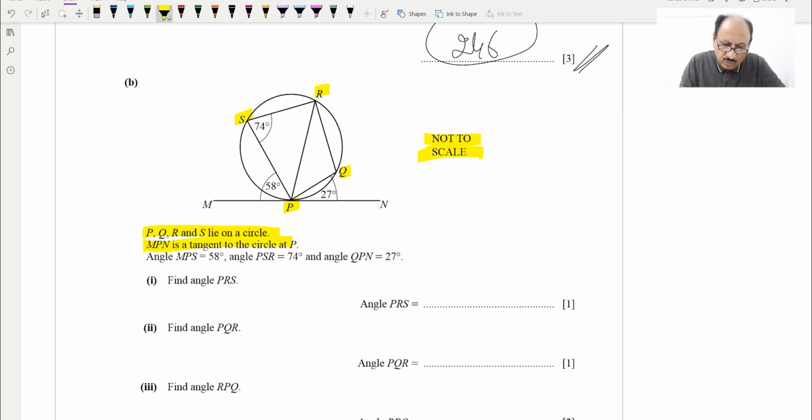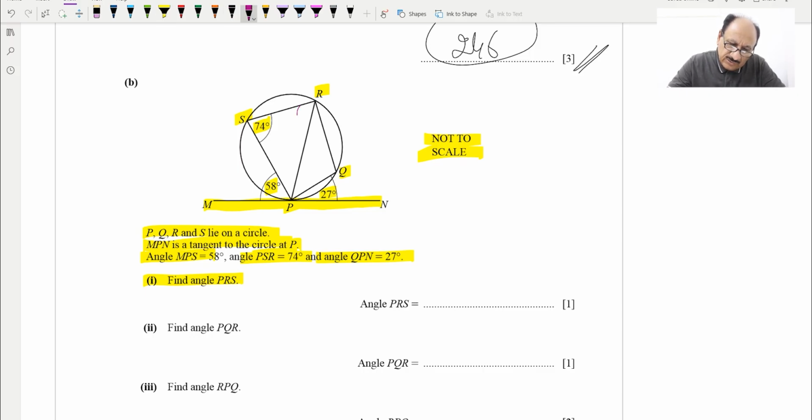MPN is tangent to the circle at P, angle MPS is 58, angle PSR is 74, and angle QPN is 27. Find the angle PRS. PRS will also be 58.